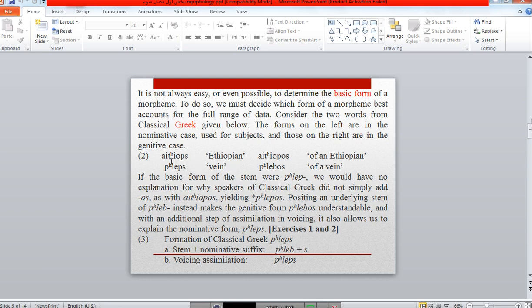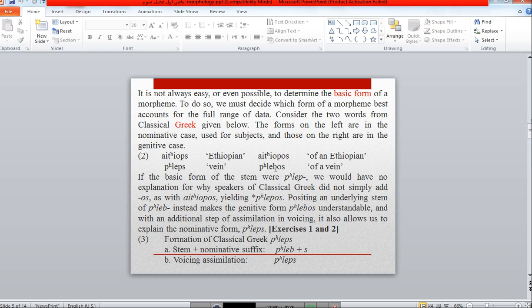For example, this is the Greek word, so maybe the pronunciation is not correct. Atypus, and plebs and plebos. Here we have p and here we have b. But if we want to determine the basic form, what can we do?